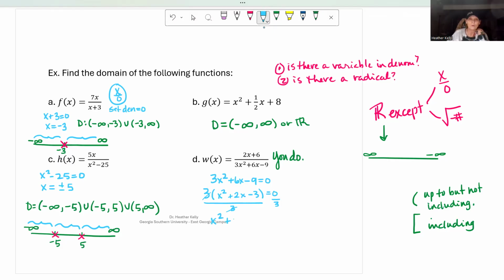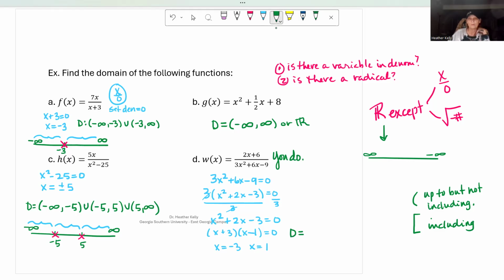So now we have x squared plus 2x minus 3 equals 0, and that factors x plus 3, x minus 1 equals 0. So we have x is equal to negative 3 and x is equal to 1. So when we want to write the domain here, of course, we're going to start from the smallest to the biggest.